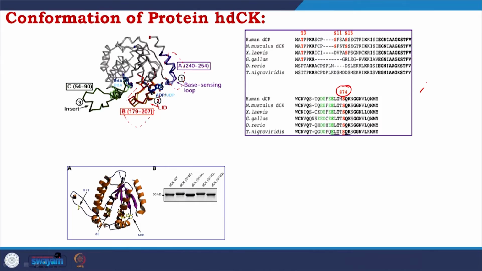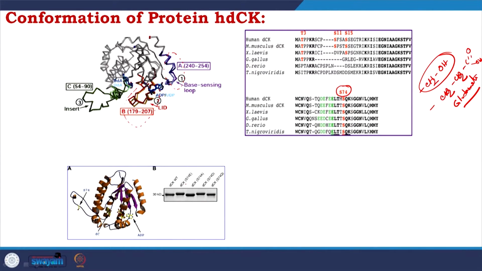But being structural biologists, we did our own modeling, and if you do modeling, you could find that where you have a serine, if you replace it with glutamate, it kind of mimics the serine in its phosphorylated state.